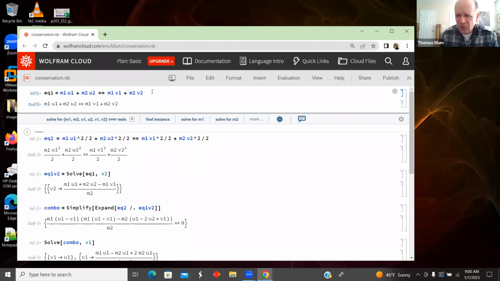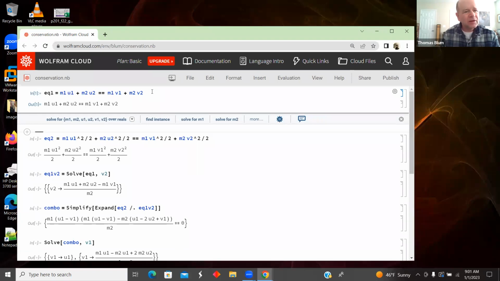Sometimes I will use an asterisk, M1 asterisk U1, for multiplication, but you don't need to do that in Mathematica. You can just have a space and the multiplication is implied, and that's what I've done here. But the space is important.